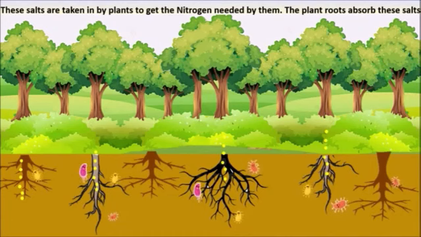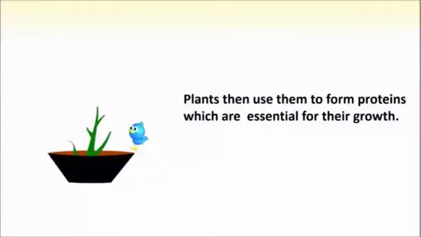These salts are taken in by plants to get the nitrogen needed by them. The plant roots absorb them from the soil. Plants then use them to form proteins, which are essential for their growth.